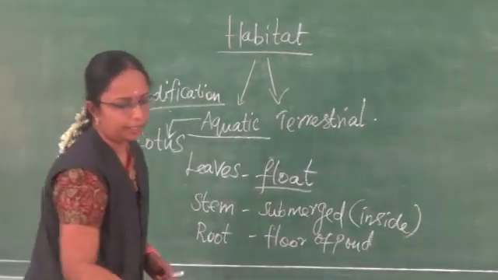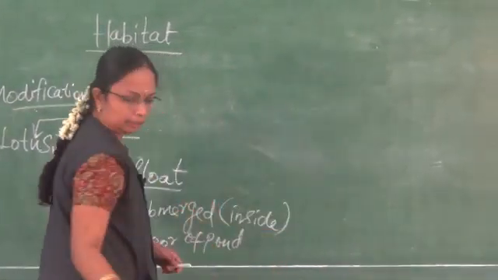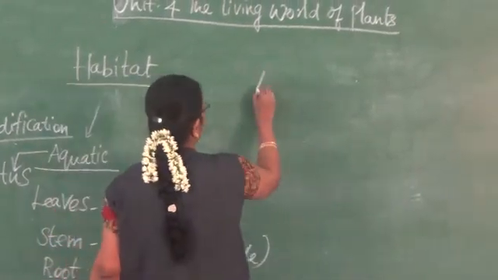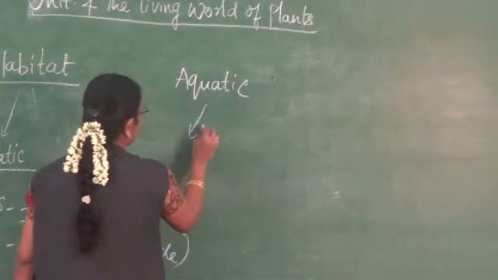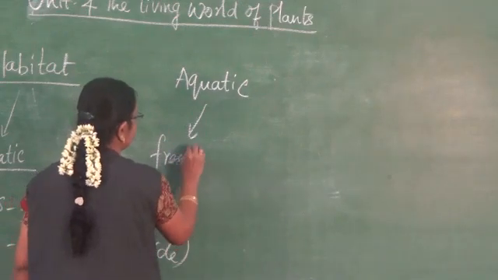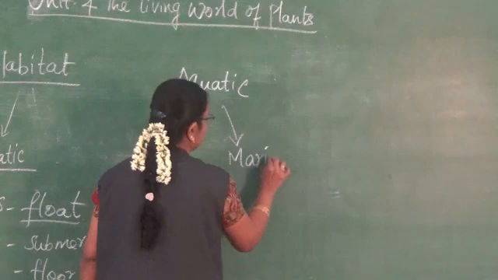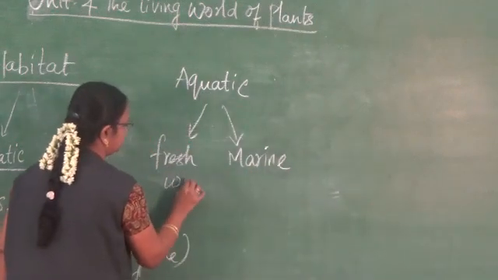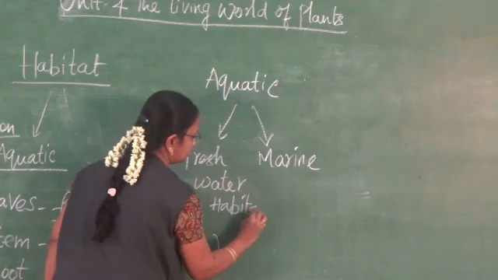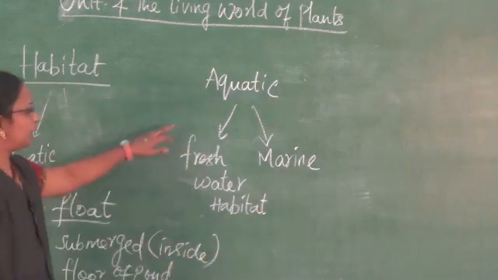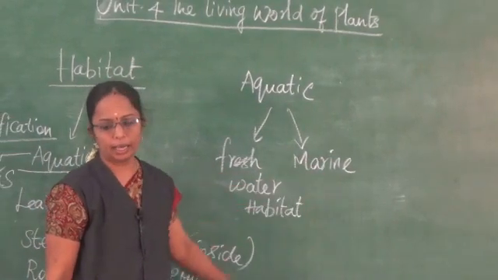When we talk about aquatic plants, they are divided into two types: freshwater habitat and marine water habitat.